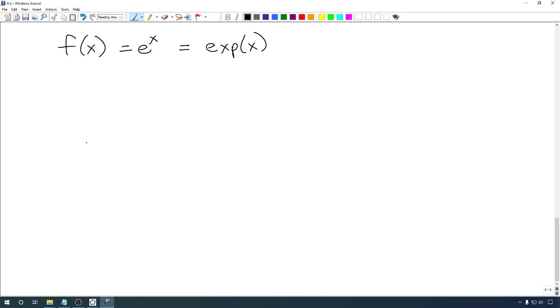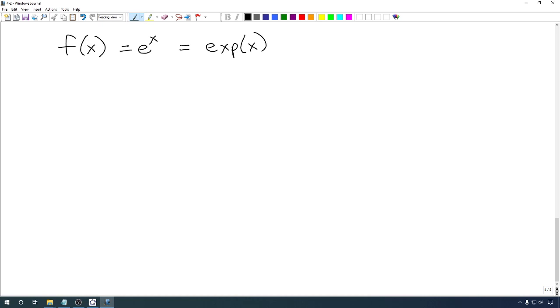The book actually titled this section as Natural Exponential Functions, and so I'm guessing that's what they wanted us to name this function, the natural exponential function. But they didn't actually explicitly state that somewhere, or at least I couldn't find it. So I'm not used to calling it that.